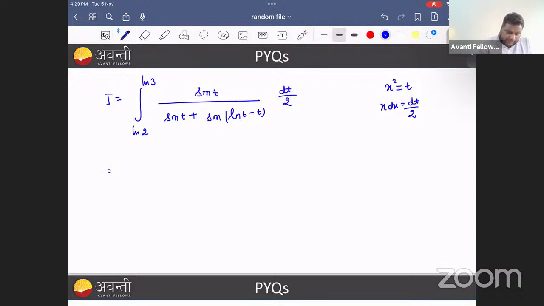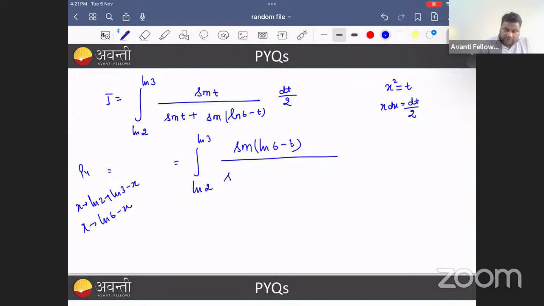Now apply property 4, where you will replace x as ln2 plus ln3 minus x. That is, x is replaced by ln6 minus x. So it is ln2 to ln3 sine of ln6 minus t upon sine of ln6 minus t, half of this. Got it?